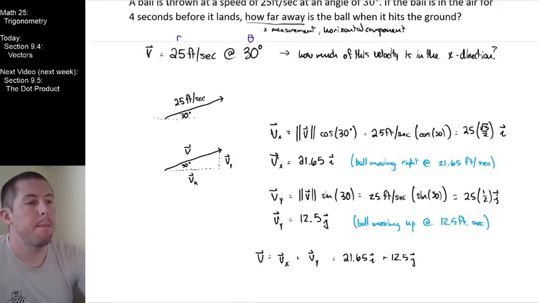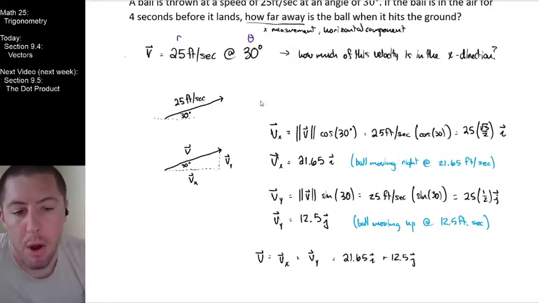So we have decomposed the vector that was given in polar form into component form.